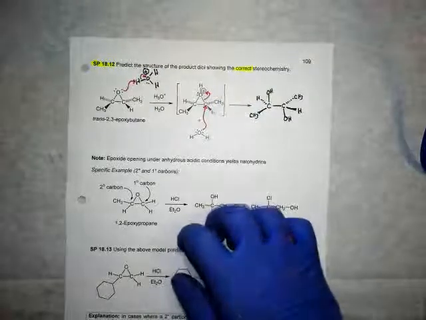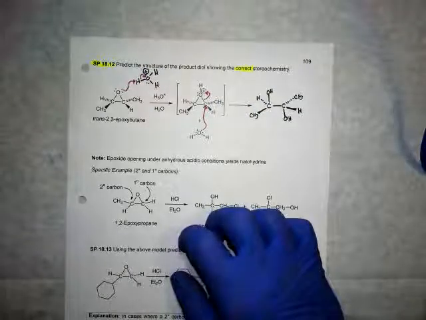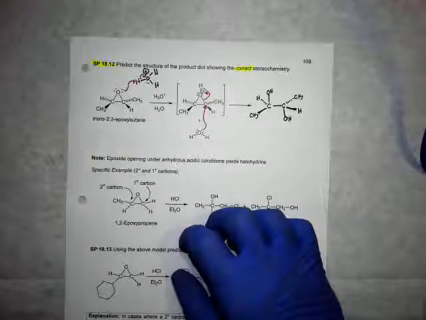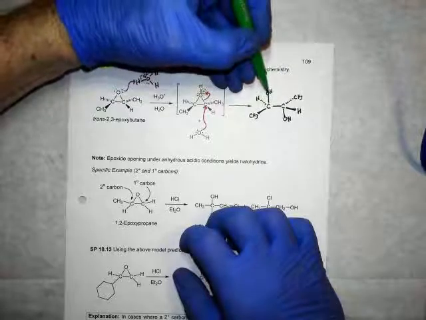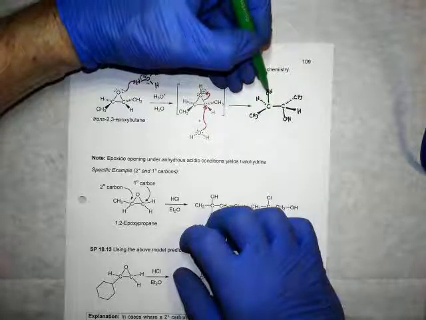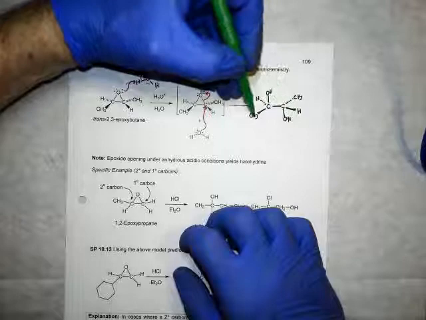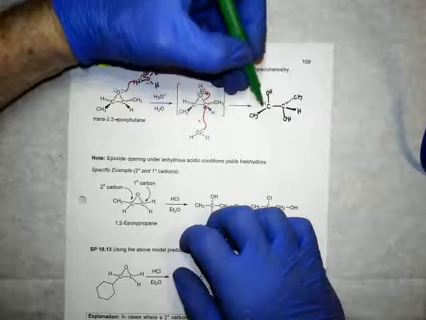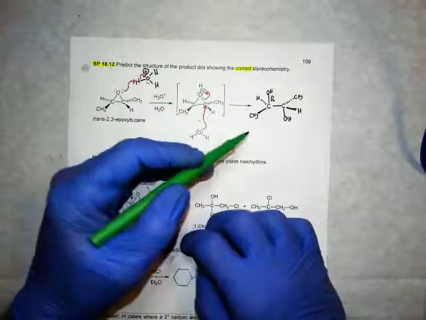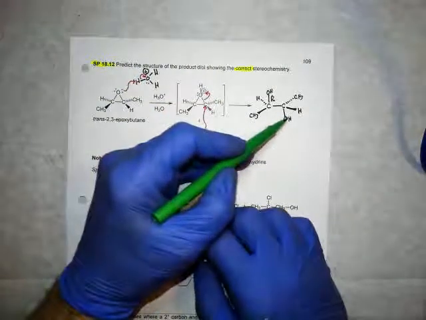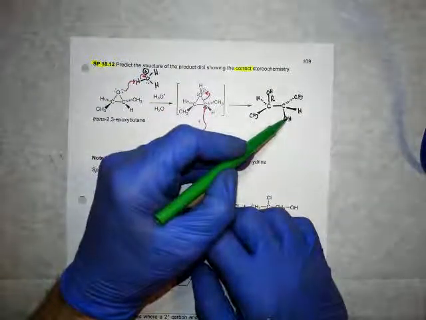Now let's take a look at the stereochemistry just so we understand what took place. On the left-hand carbon, this is a chiral carbon. This is the high priority group, right? So this would be 1. This would be 2. This would be 3. So 1, 2, 3. We're going clockwise. This is R. On the other side, we have the OH group here, which is number 1.